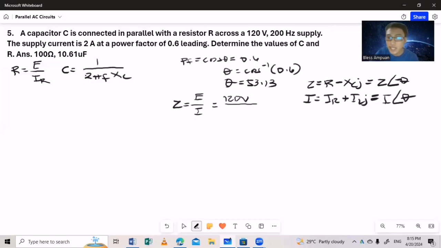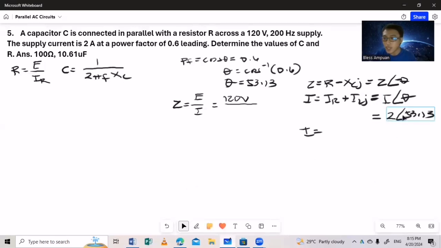Our total current is given as 2 ampere, so we could say that the polar form for our total current is 2 angle of 53.13 degrees, because our phase angle is 53.13.